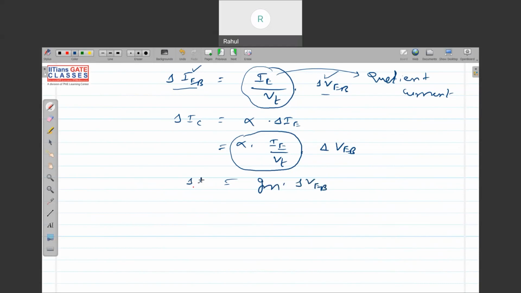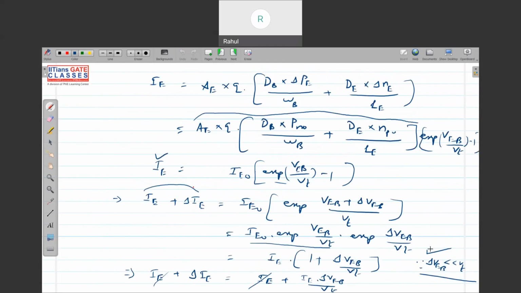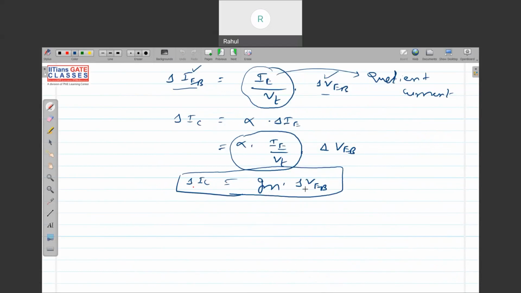Del IC is related linearly to the change in emitter to base voltage as long as the change is very small. The change in collector current is directly proportional to the change in base emitter voltage as long as it is small, and the constant of proportionality is called transconductance gm.